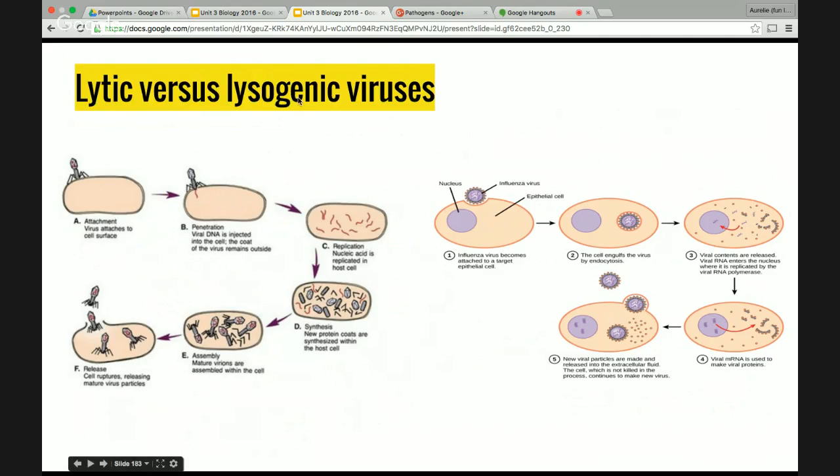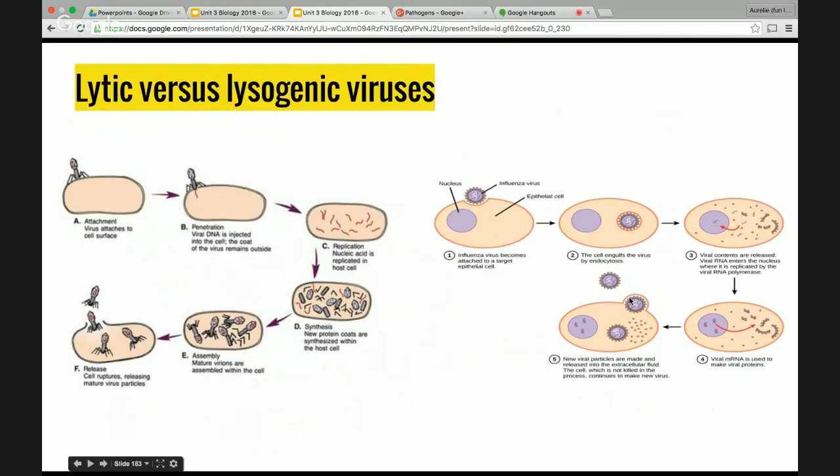With lysogenic viruses, after they've multiplied and made several copies of themselves, they form a vesicle with the cell's own cell membrane, and they can escape by exocytosis. This is exocytosis.